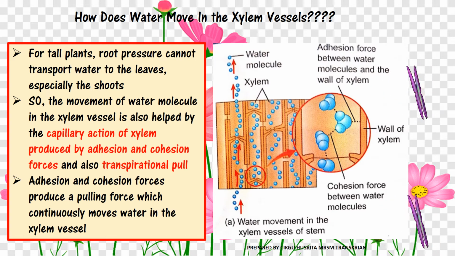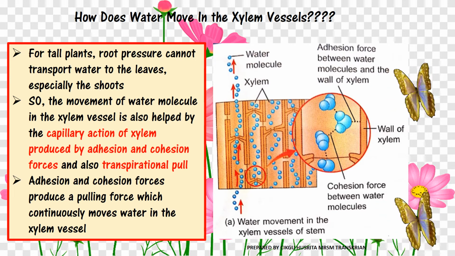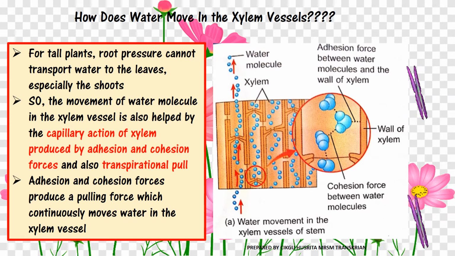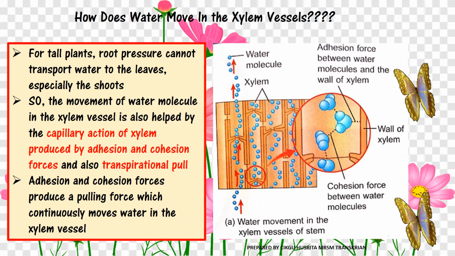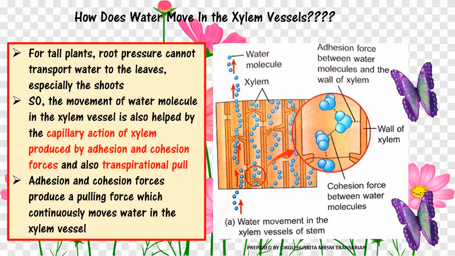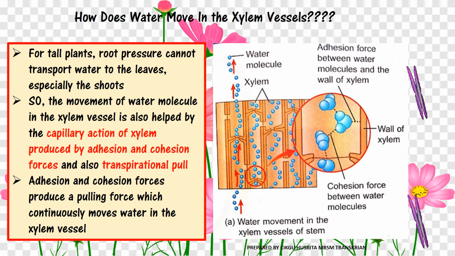So adhesion and cohesion force will produce a pulling force which continuously moves water in the xylem vessel. As you can see, this is the picture of how water is transported in the xylem vessel in the stem, helped by the cohesion and adhesion force.